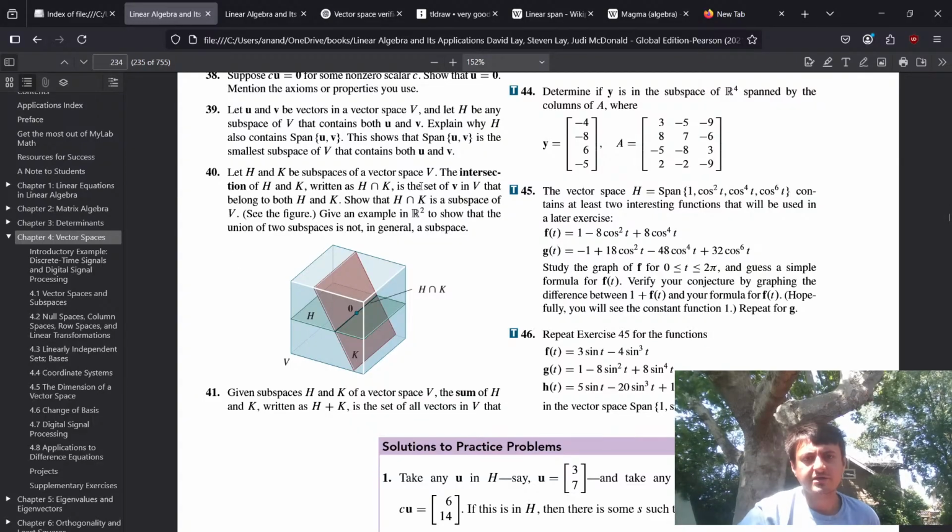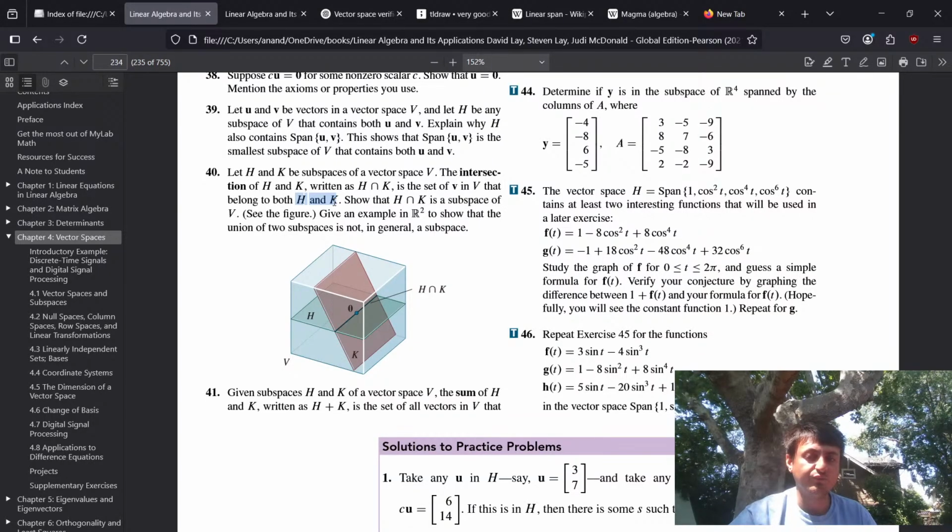Okay, so consider some vector that's in the intersection. Then by definition, it's in H and it's in K. Let's consider U and V that are in the intersection. So two vectors in the intersection. Then they're both in both of the sets.